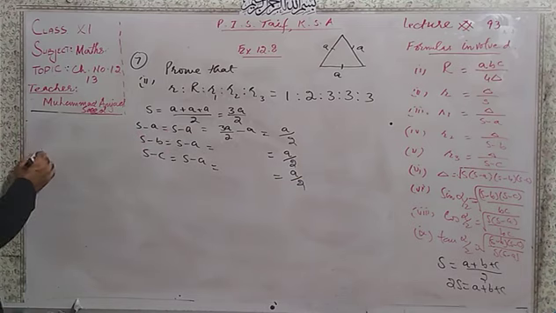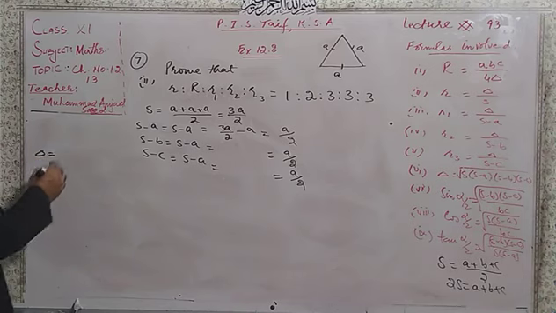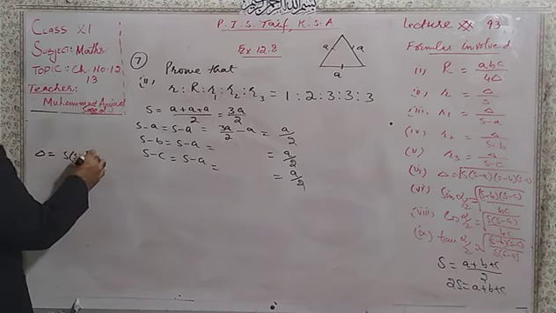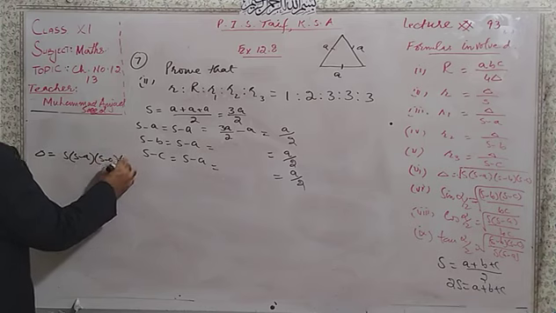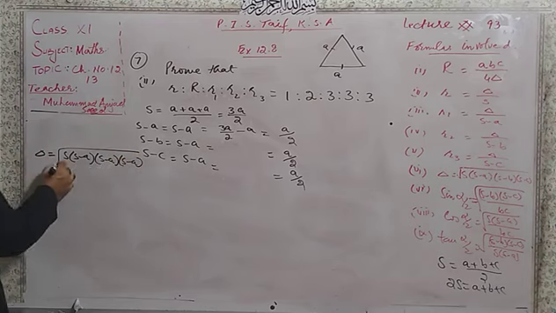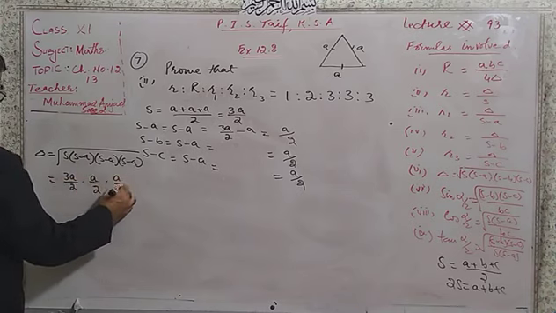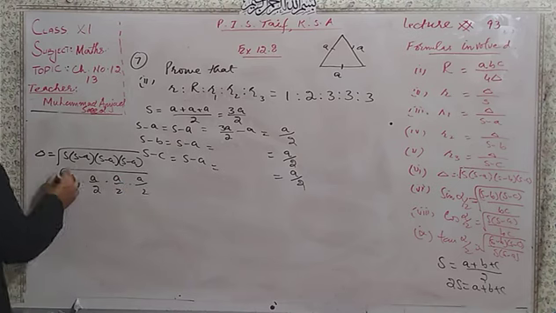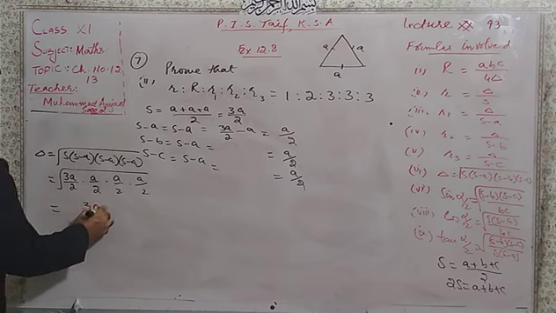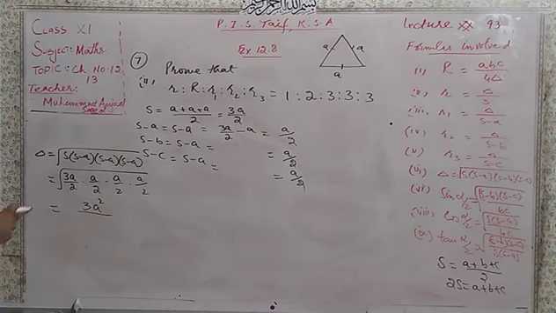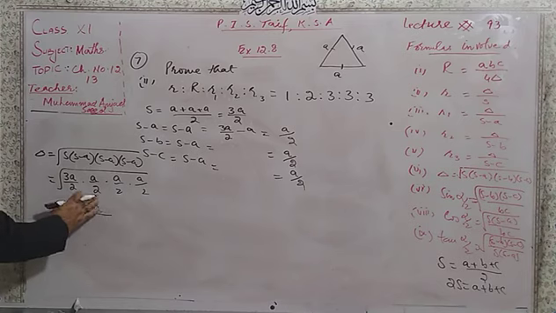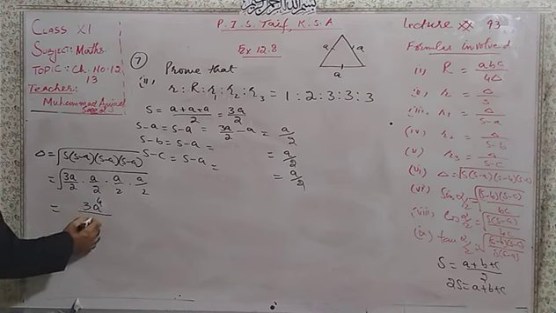So what about delta? We have S into S minus A, S minus B and S minus C, whole under root. S was 3A over 2 into A by 2 into A by 2 into A by 2, whole under root. This will be 3A to the power 4 over 2 to the 4, that is 16.